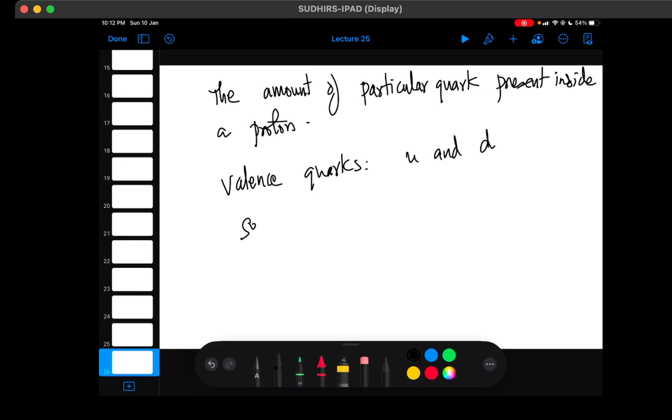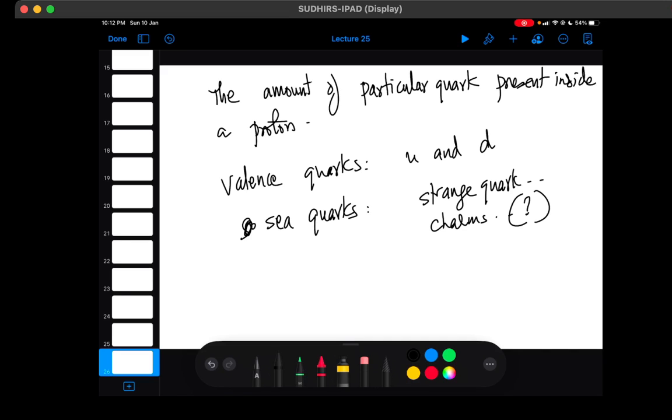If the probe energy is sufficiently high, these quark antiquark pairs can produce other things like strange quarks, even charms. Charm is less likely, perhaps, so let me put a question mark here. Strange quarks have been seen, but charms have a very low probability. This is not established, but anyway.